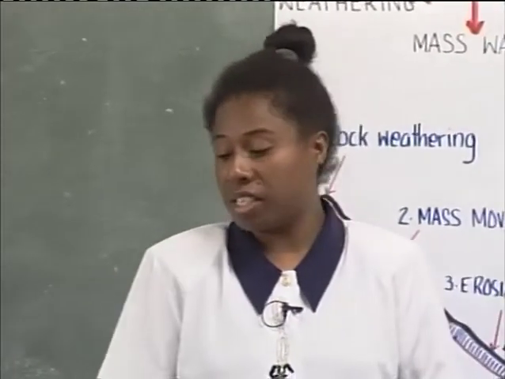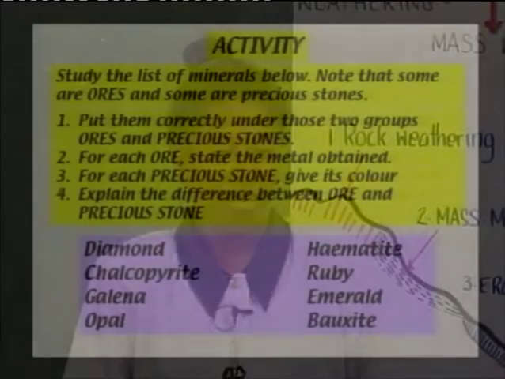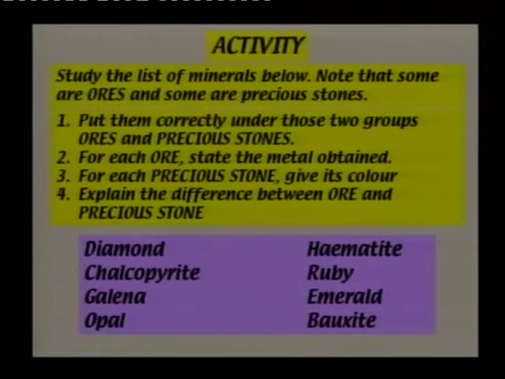Okay, the activities, there were 4 activities you were expected to do for homework. We double check now and make corrections. You were given a list of minerals, and from those lists, you were supposed to do 4 things. Number 1, you're supposed to put them correctly under the 2 groups or headings, those minerals which are ores and those minerals which are precious stones.